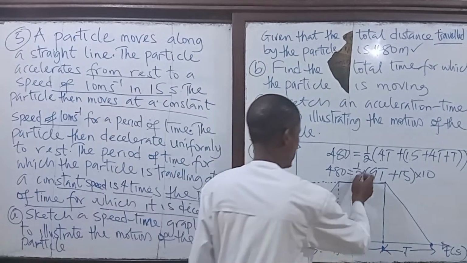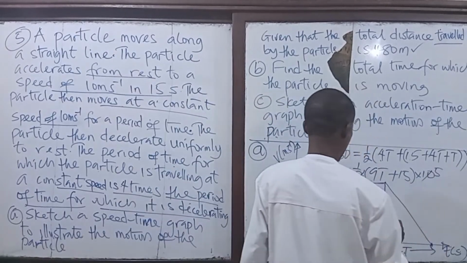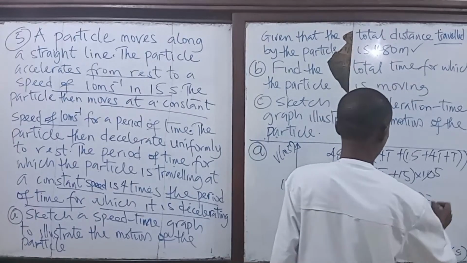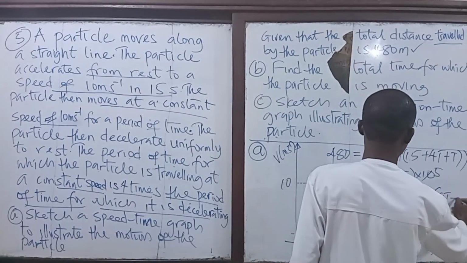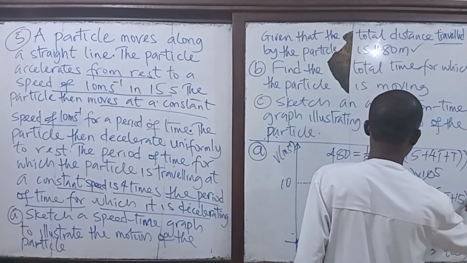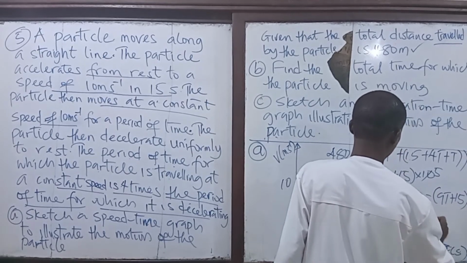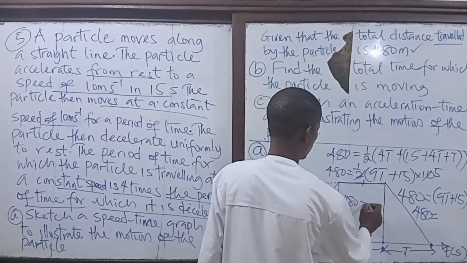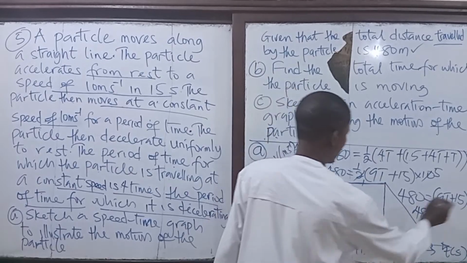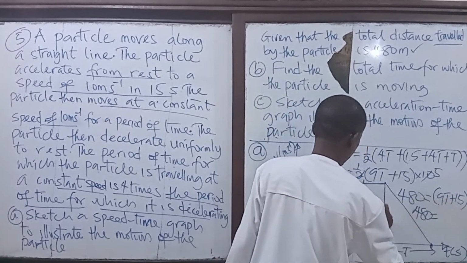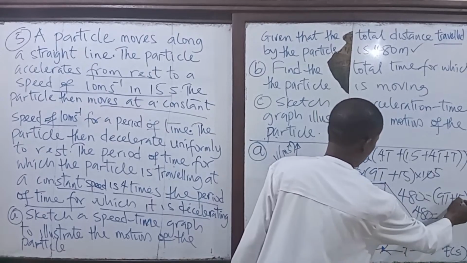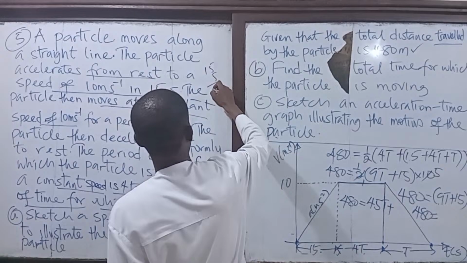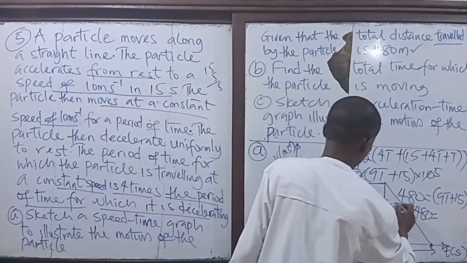Okay, so 2 here is 1, 2 here is 5. So we have 480 equal to 90 plus 15 times 5, and that will be 480 equal to, open the bracket, 5 times 90, that's 45t, plus 15 times 5, that's 75.